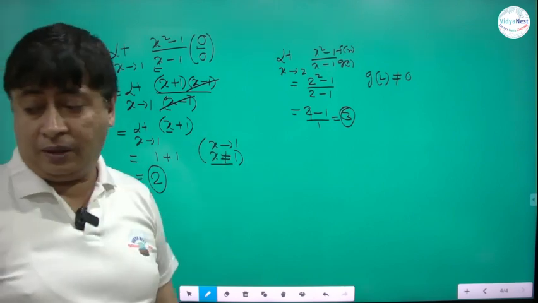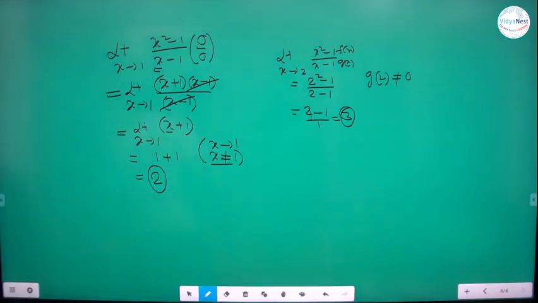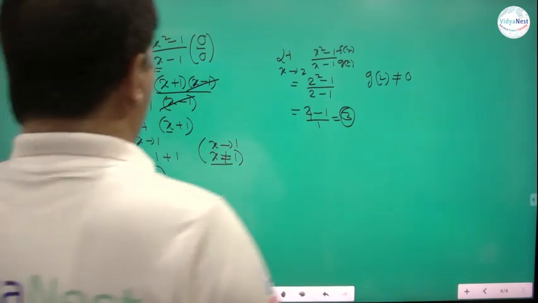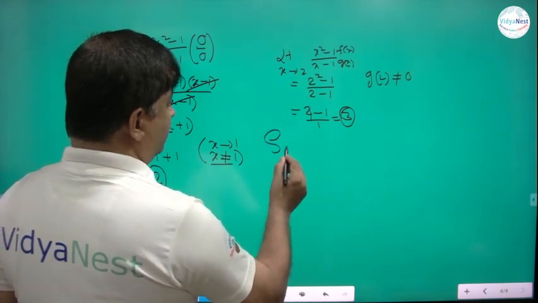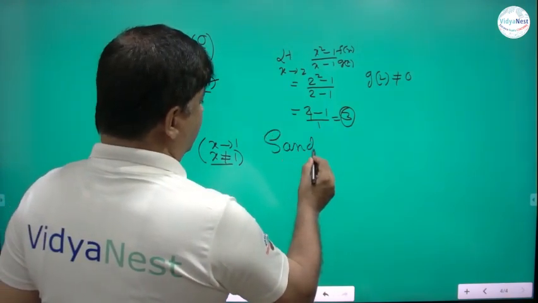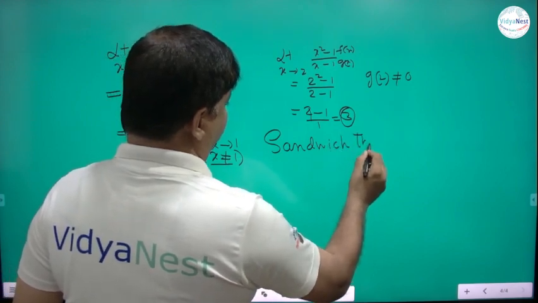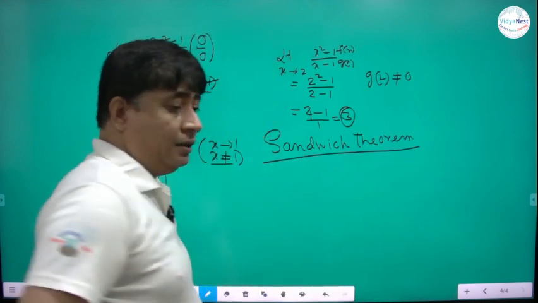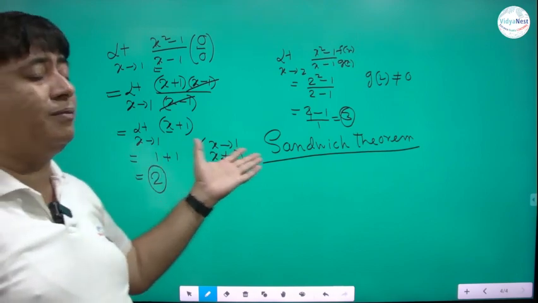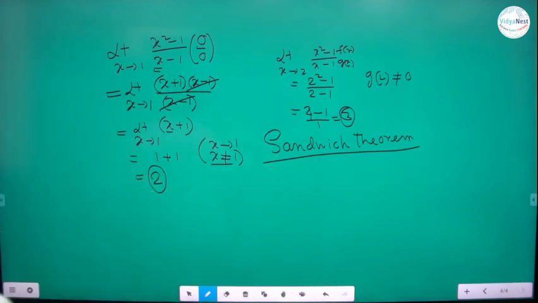Now there is one interesting thing. What interesting thing? We will recall one theorem that is called the sandwich theorem. What is that sandwich? By spelling it is not matching the normal sandwich.